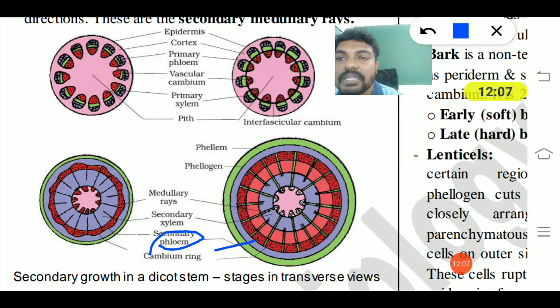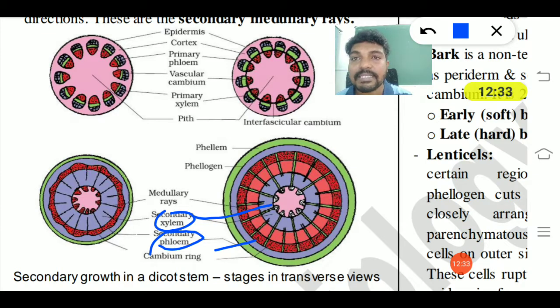You can see the secondary phloem cells outside, and secondary xylem cells on the inner side. Once the secondary xylem cells are produced maximally on the inner side, because the vascular cambium is more active towards the inner side than the outside, the secondary xylem increases.